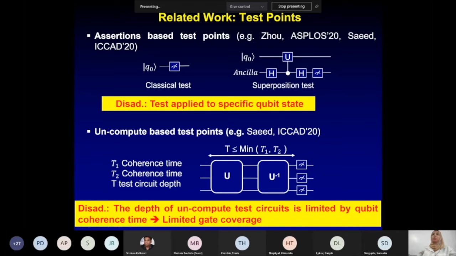Again, when you think of a larger quantum circuit, the cost and the overhead of the uncompute will also increase. And eventually, if you don't want to introduce so many coherence errors, you may end up having limited gate coverage. So you will only be able to test a small subset or certain regions of the circuit.